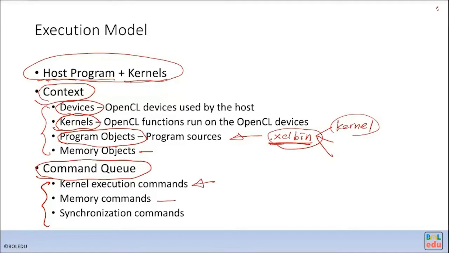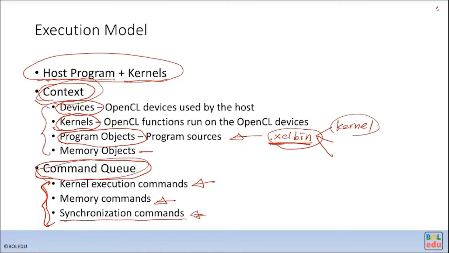You can have a memory command, which basically does the memory transfer. And you have a synchronization command. So you can put those three items in the command queue. So, context and command queue.